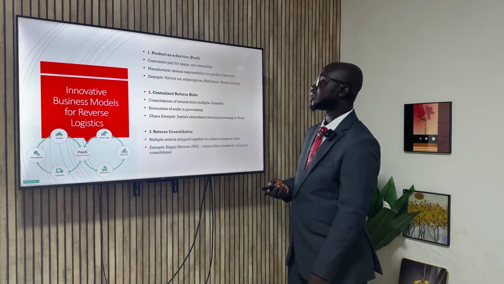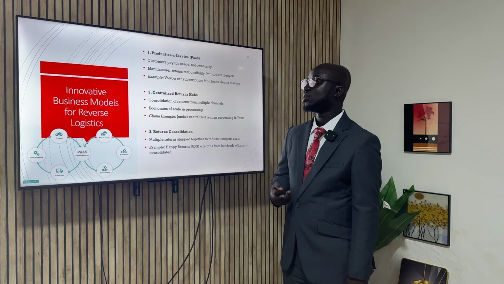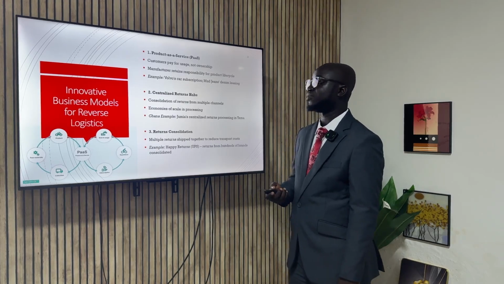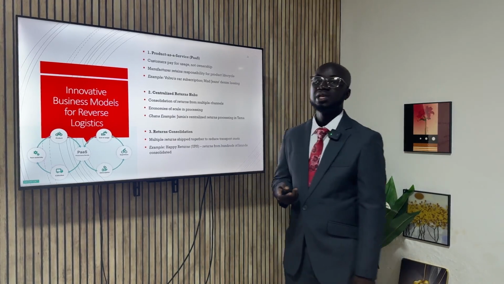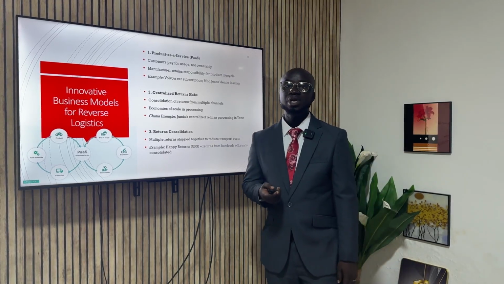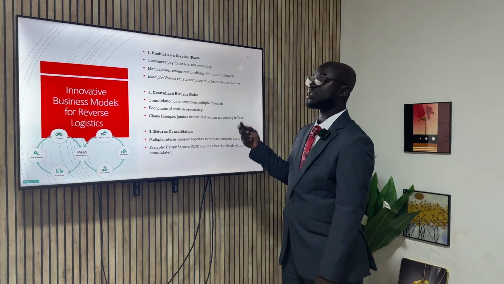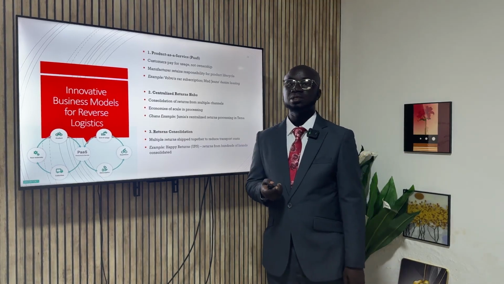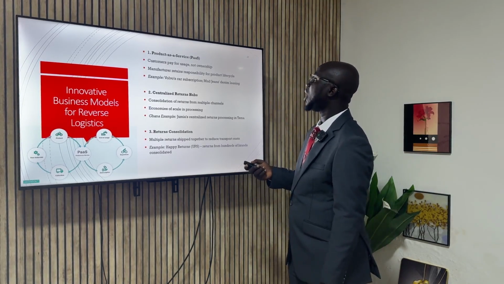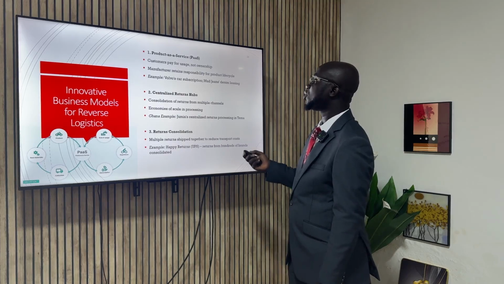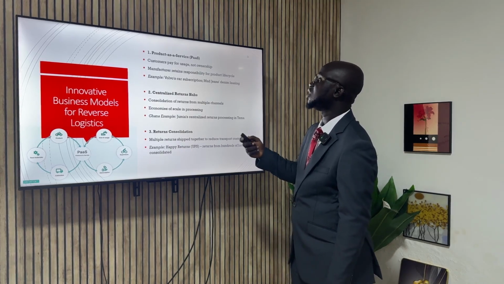We also look at innovations, some business models for reverse logistics. We are looking at product as a service. Here we are saying that product as a service is shifting from selling products to selling outcomes. So instead of the customer owning the product, they will just pay for its usage.